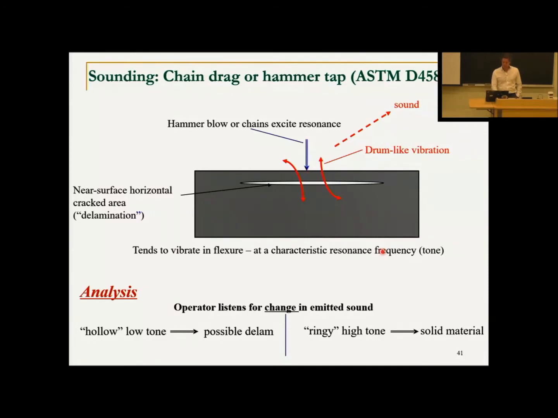When we hear a very high, ringy tone, we say that that's solid, and when the tone changes to a much lower frequency and it's louder, then we say, aha, there is some sort of defect underneath here, and we can locate it, right? So I want you to remember this concept of this low frequency vibrational mode, drumhead mode, over a defect. We'll revisit this when we talk about the impact echo method, right?